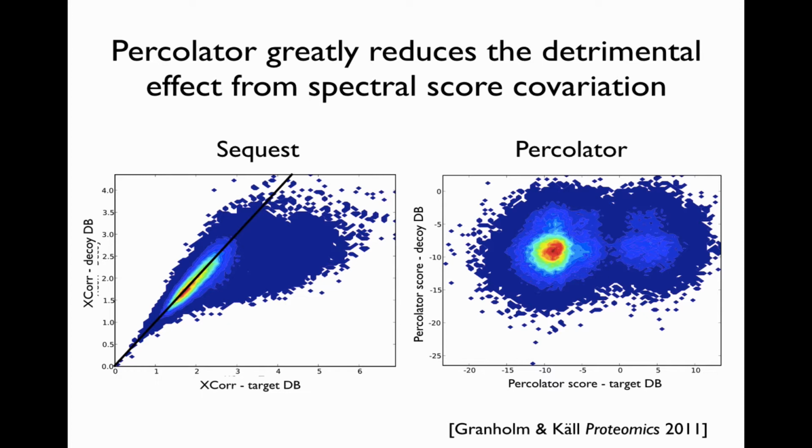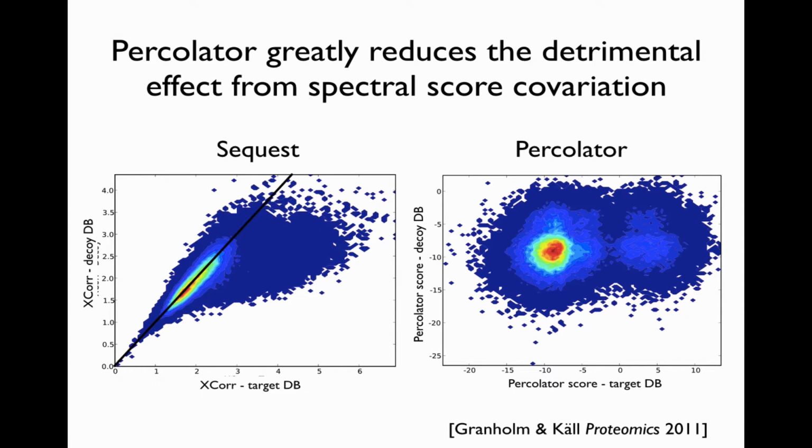In effect, this has led us to train away something that was a clear bias, or a clear covariate, in the scoring procedure of Sequest. You see here on the Sequest identifications to the left, some spectra will score very low regardless of them being correct or incorrect.